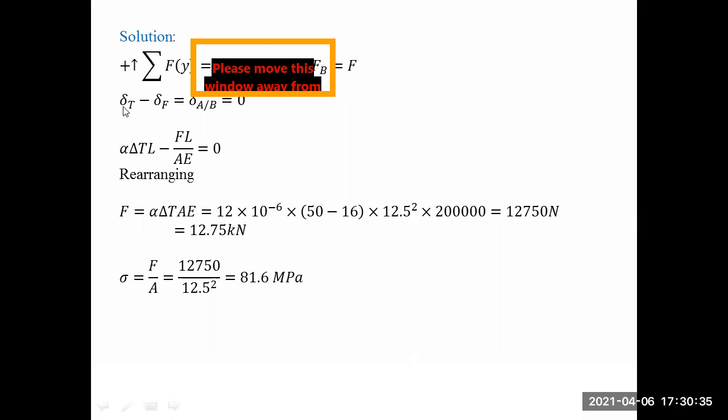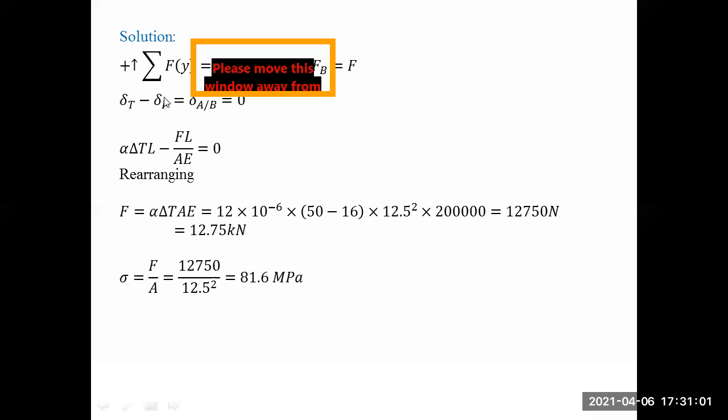Now, the change in length due to temperature minus the change in length due to the force that is induced due to the thermal expansion. This delta is in the opposite direction to this delta. This one is due to the thermal expansion, it's trying to expand, and this is due to the constraint, it's trying to push the delta downward.